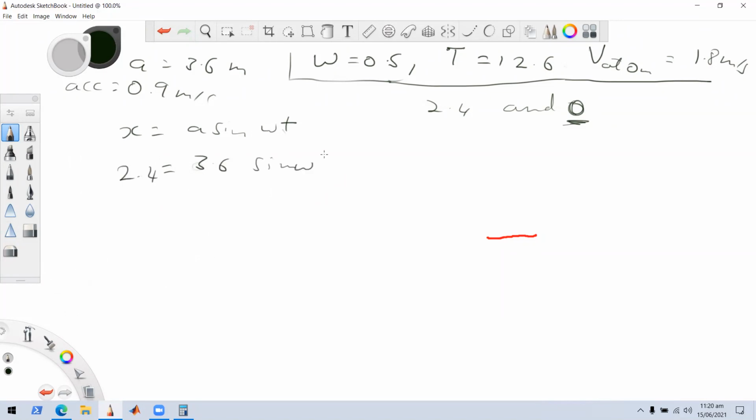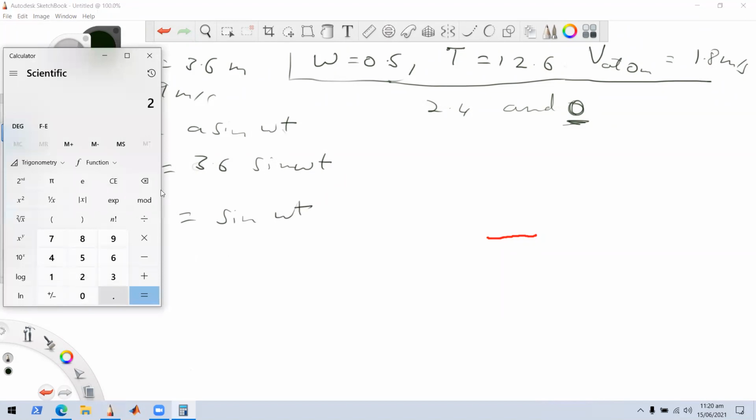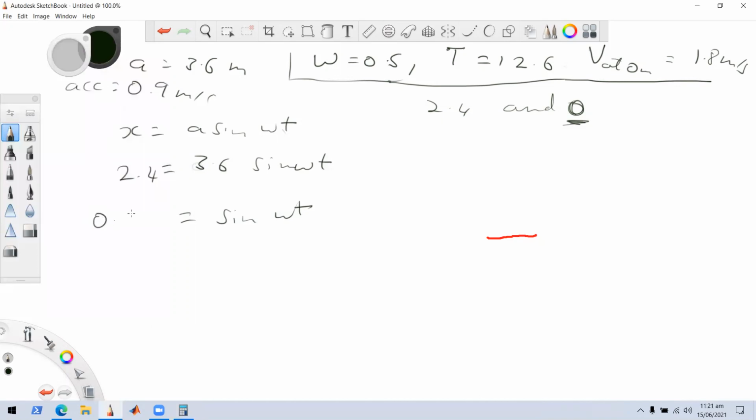So sine omega t is equal to 2.4 divided by 3.6, which is equal to 0.667, which is 2/3, I guess. Let's write it as 2/3. So therefore cosine omega t is going to be equal to the square root of 1 minus 2/3 squared.